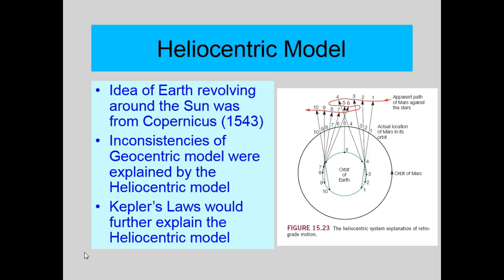So he had to come up with a brand new branch of mathematics called calculus. That's where we get calculus. He came up with it so he could describe Kepler's laws, give a reason for it, and sure enough, everything came together. Further explaining the heliocentric model.